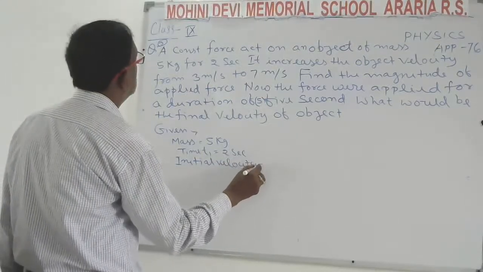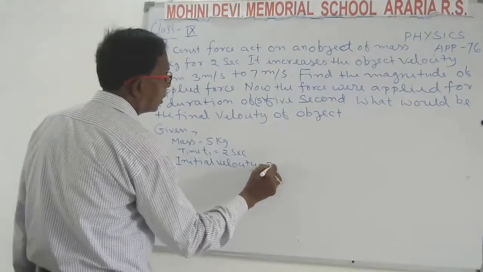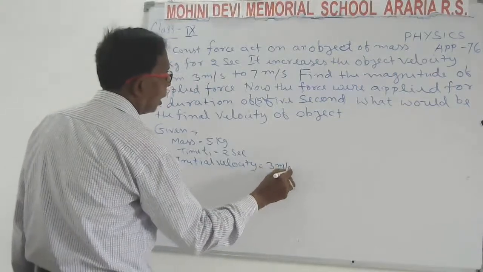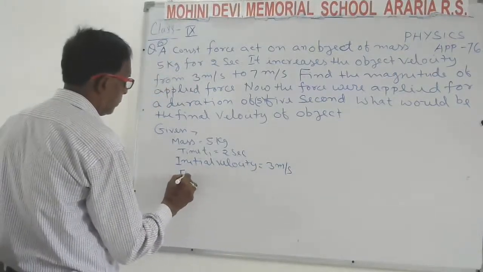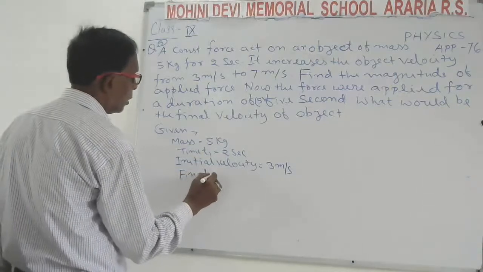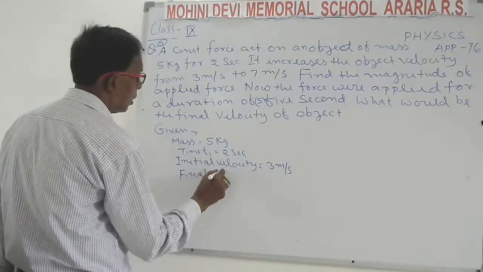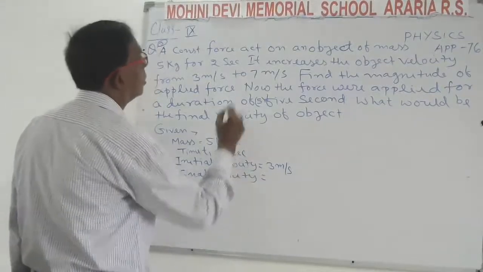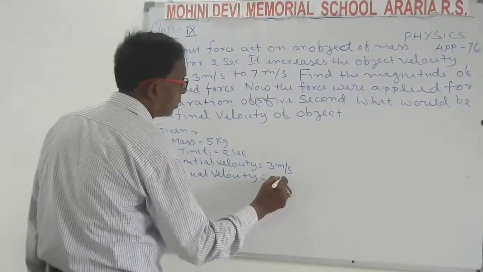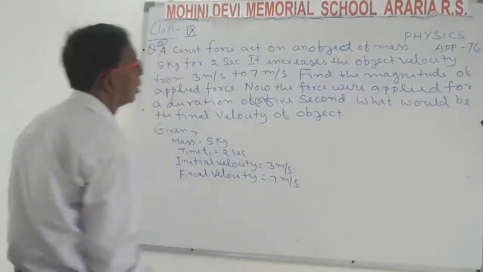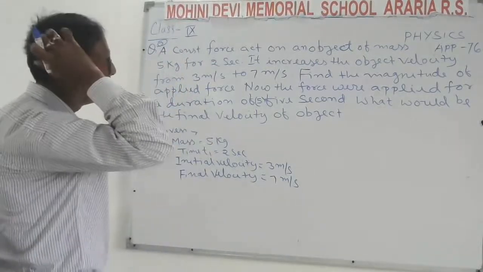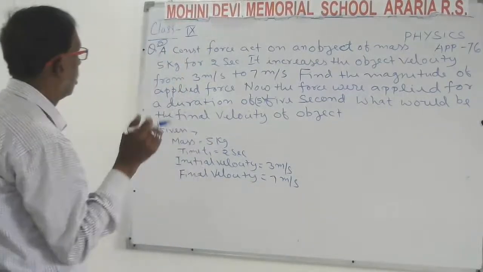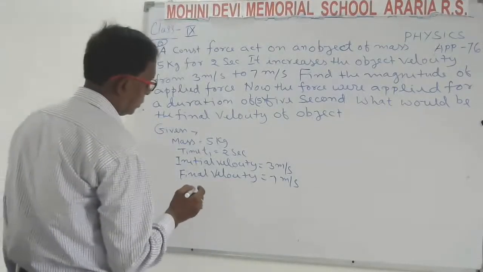Initial velocity 3 meters per second, final velocity is equal to 7 meters per second. Find the magnitude of the applied force.